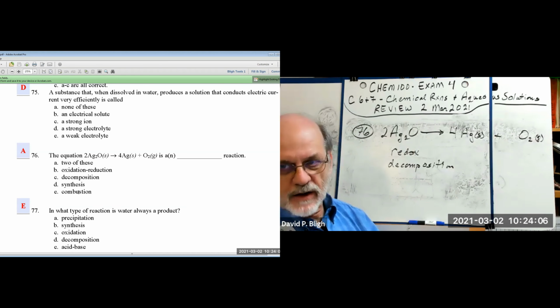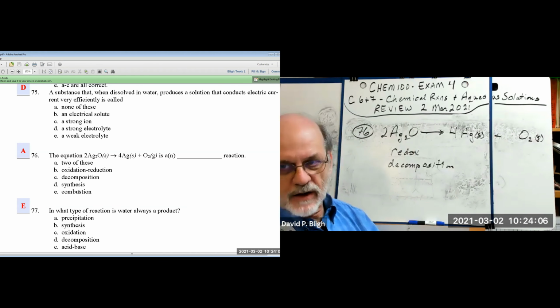This is a 2 plus, that's a 1 minus, so we need 2 of those. Reacted with sodium hydroxide, -1, +1, aqueous.